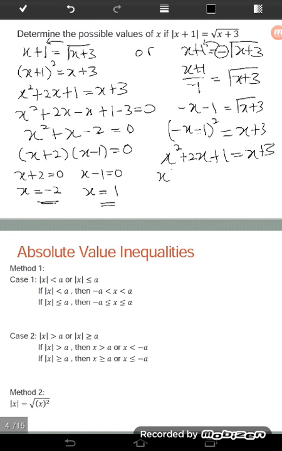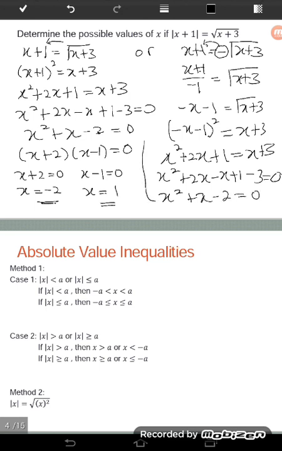Okay, so next x square plus 2x minus x plus 1 minus 3 equal to 0. Okay, so simplify, you will have x square plus x minus 2 equal to 0.